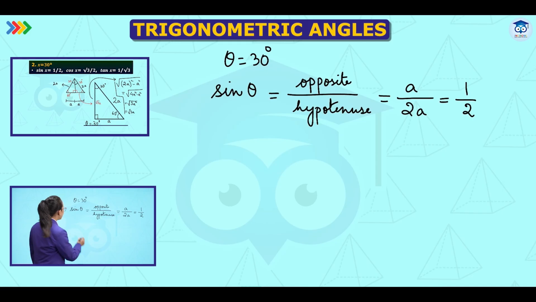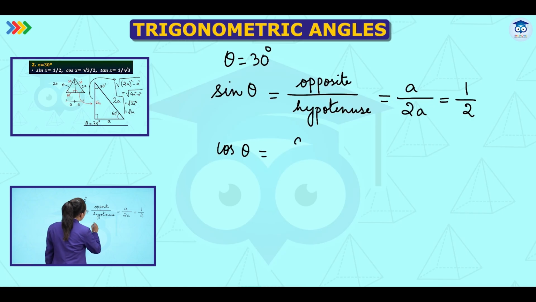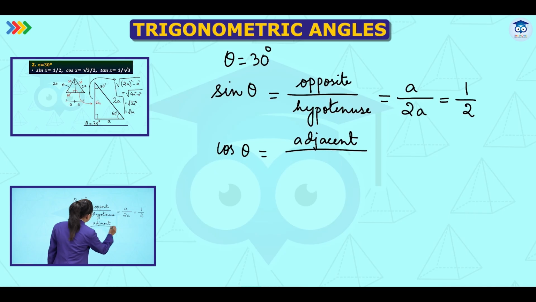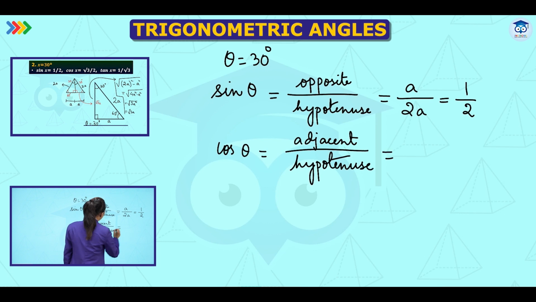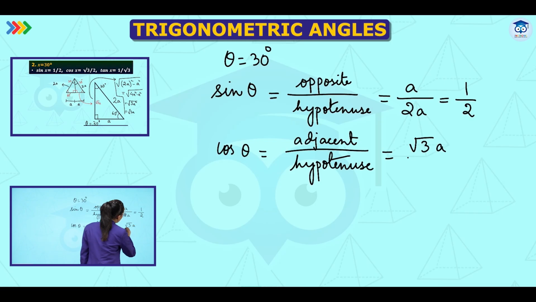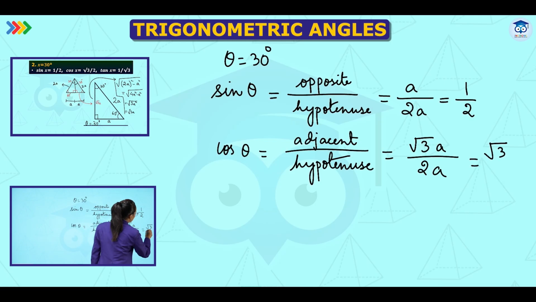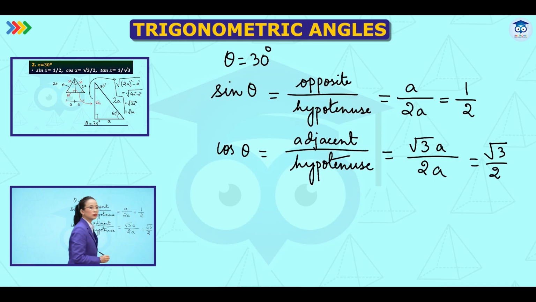Like that, we can also define for cos theta. Cos theta is adjacent upon hypotenuse. We have the adjacent as root 3a, and hypotenuse is 2a. Therefore it is root 3 by 2.